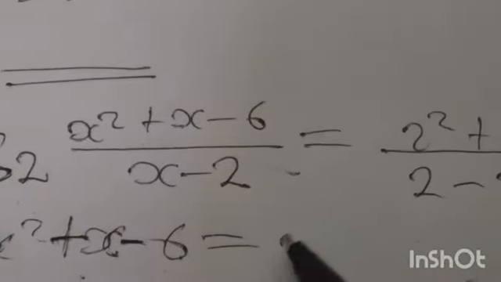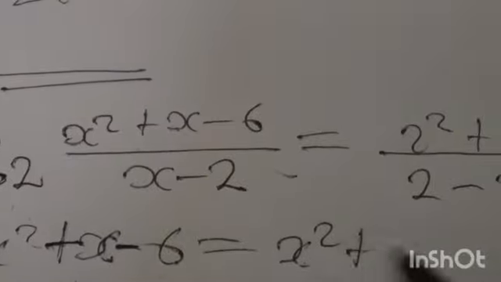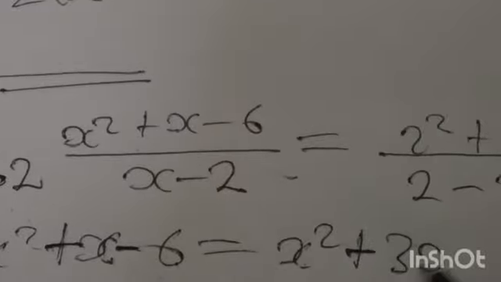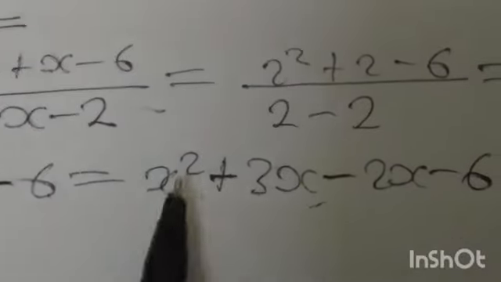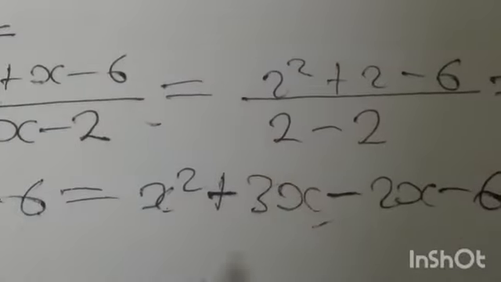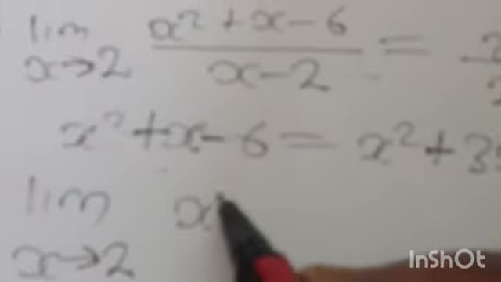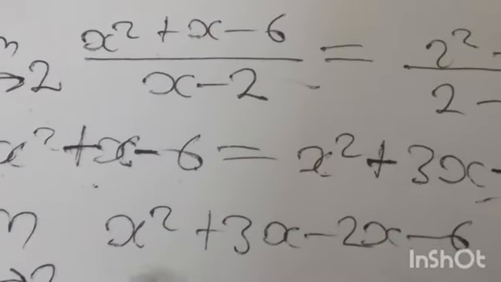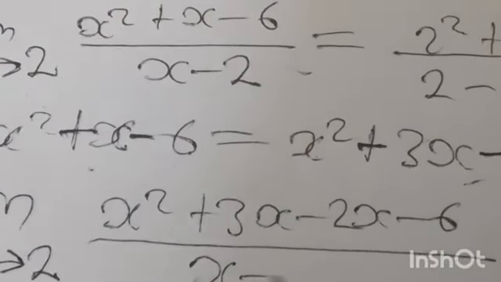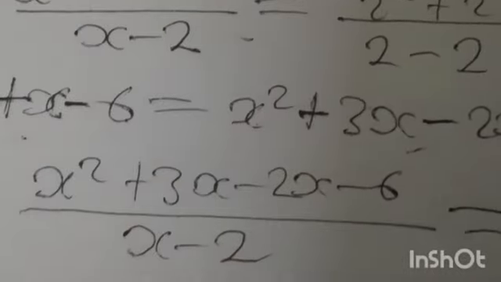It will be x squared plus 3x minus 2x minus 6. That's our numerator. You replace it in the overall question you have been given. So it will be the limit as x approaches 2 of x squared plus 3x minus 2x minus 6 over x minus 2.